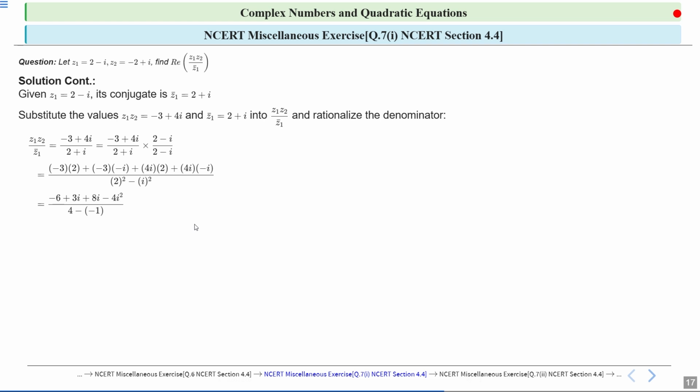Let's simplify those products. The numerator becomes minus 6 plus 3 times iota plus 8 times iota minus 4 times iota square, and the denominator is 4 minus of minus 1, since iota squared is negative 1.